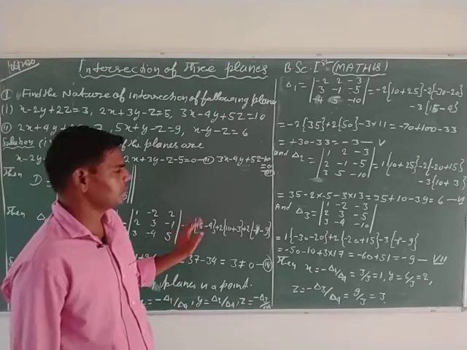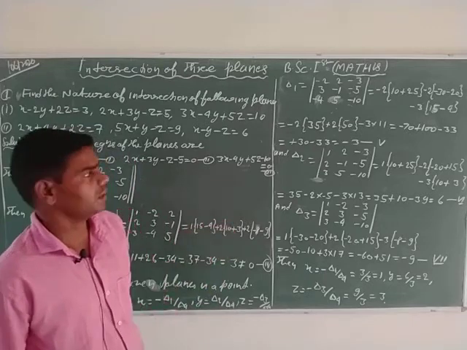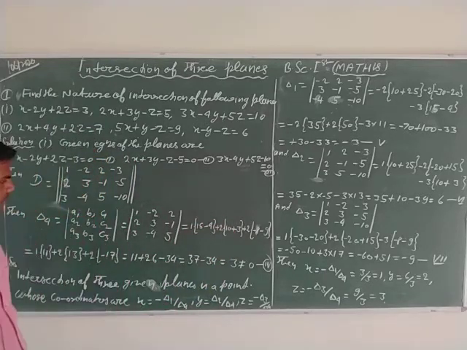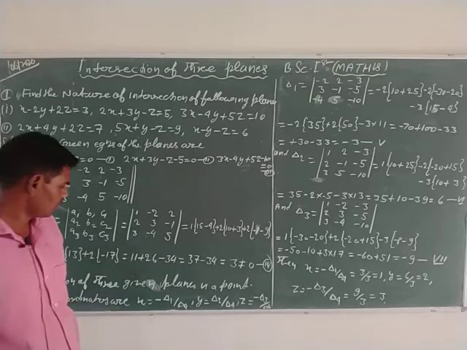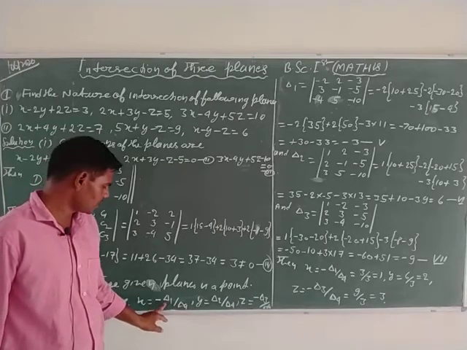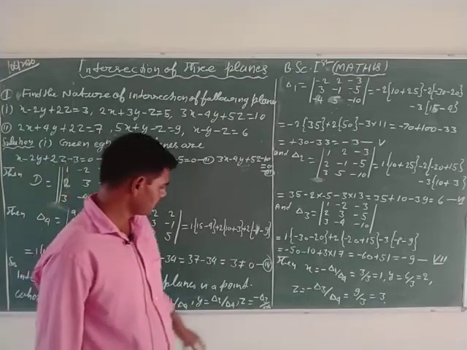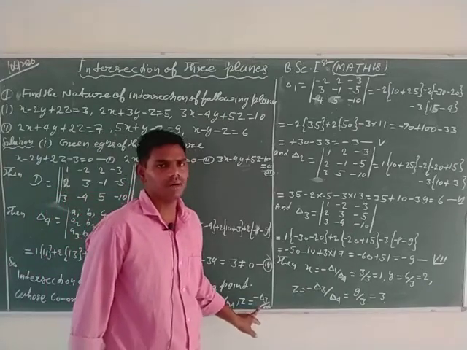Therefore, apply the first condition of intersection of planes. According to the rules, the intersection of the given 3 planes is a point whose coordinates are given by this formula: x is equal to minus delta 1 by delta 4, y is equal to delta 2 by delta 4, and z is equal to minus delta 3 by delta 4.